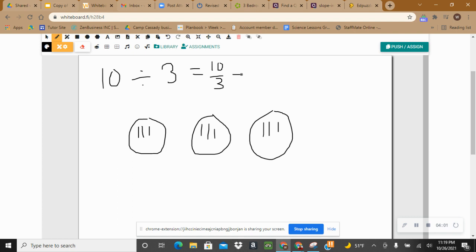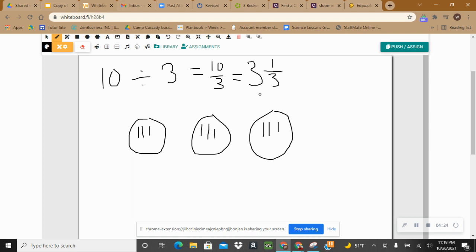So each batch is going to have 3, but that's only 9, and I have 10. So there's going to be 1 cup left over, and then that 1 is going to be split up by 1, 2, and 3.